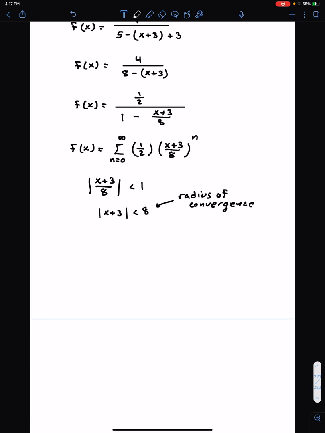If I expand this out, -8 is less than x plus 3, which is less than 8. If I solve for x, -11 is less than x, which is less than 5. And this would be the interval of convergence.